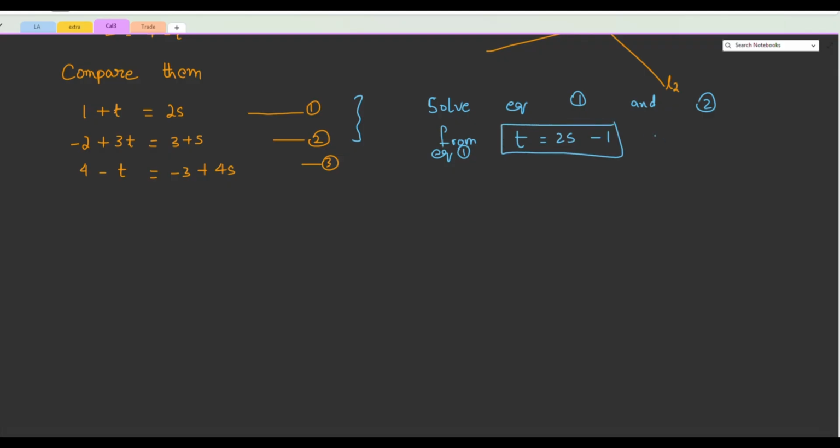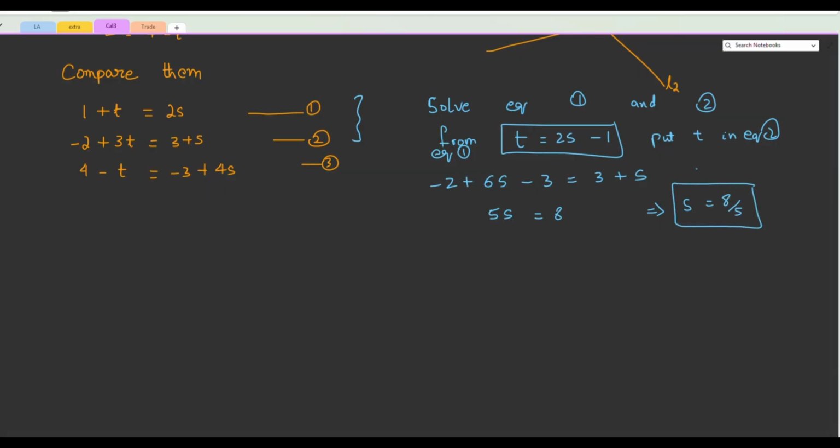Put this value of t in equation number 2, and hence we get minus 2 plus 3 multiplied by t, which gives 6s minus 3 equals 3 plus s. You can bring this s to the other side, it becomes 5s, and here you get 8. It means that s equals 8 by 5.